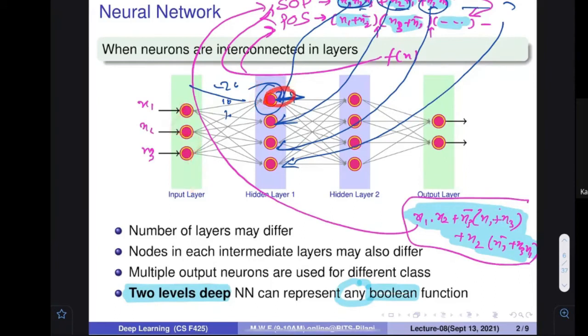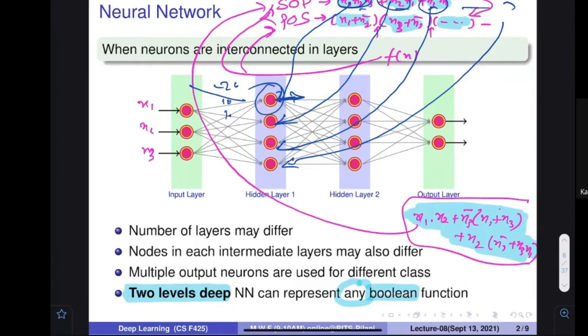Here you get a single term, and then you want an OR gate. We have also seen in the last class that there are specific weight values such that the perceptron in the next layer acts as an OR gate. So you can then combine all these things and get the output.